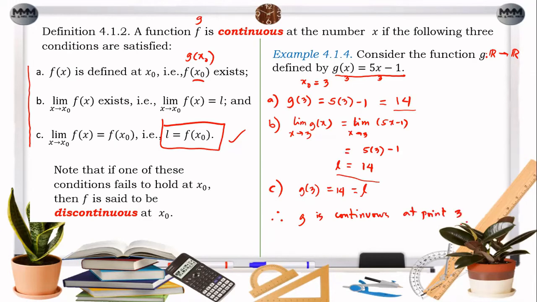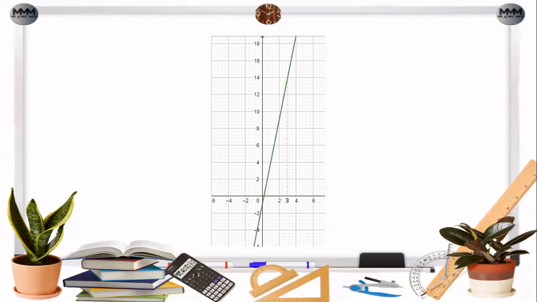Follow? We're testing here the continuity of a function at a certain point. Now, here is the graph of the function g defined by g of x equals 5x minus 1.